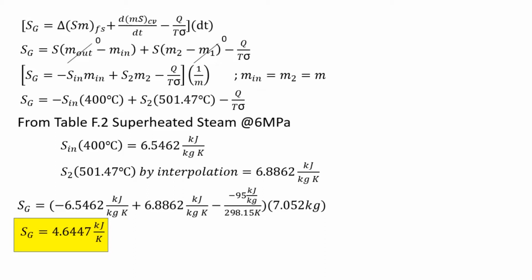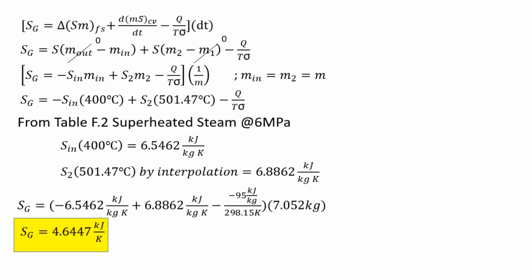From our entropy balance, we can get that the entropy gained is equal to entropy at 501.47 degrees Celsius minus entropy at 400 degrees Celsius, minus the heat transfer to the system over the temperature of the surroundings. From Table F.2 superheated steam at 6 megapascals, the entropy at 400 degrees Celsius is 6.5462 kilojoules per kilogram Kelvin, and by interpolation at 501.47 degrees Celsius, the entropy is 6.8862 kilojoules per kilogram Kelvin.